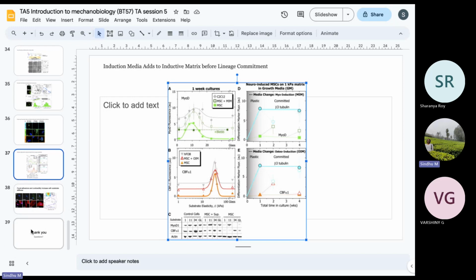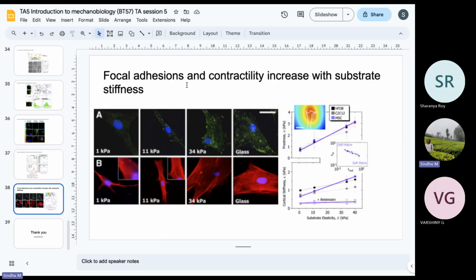And then the authors hypothesize that the way stem cell fate is determined is by stress fiber formation. They see that as the stiffness increases, the stress fiber formation also increases. On glass, you can see more straight lines.